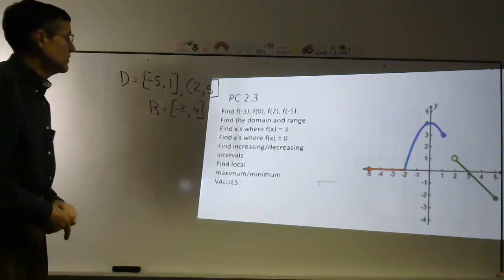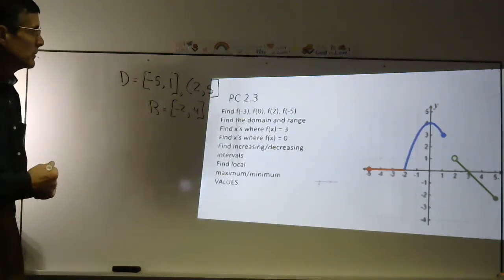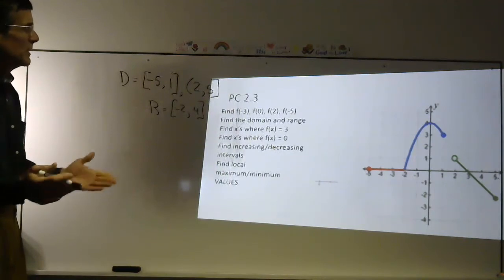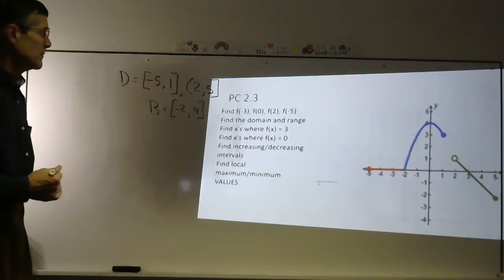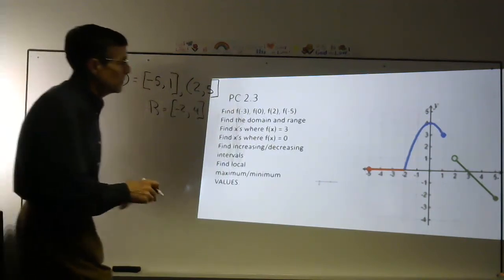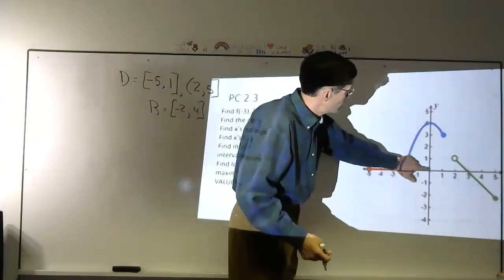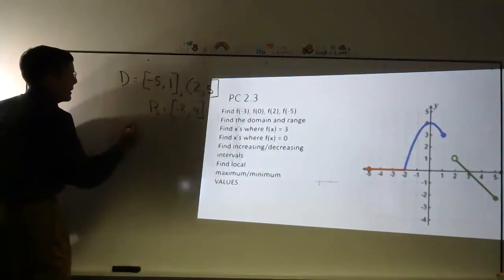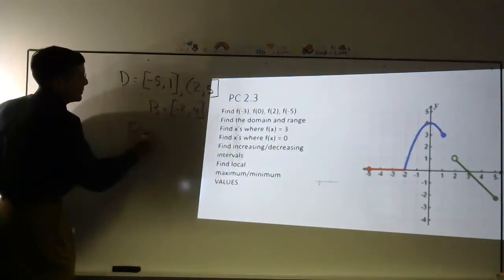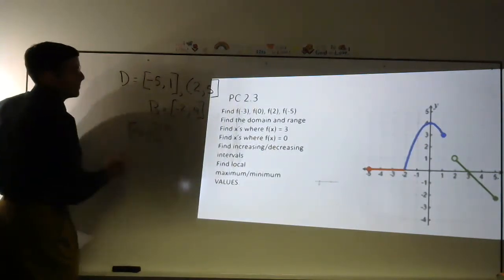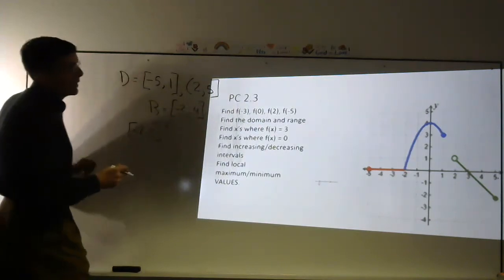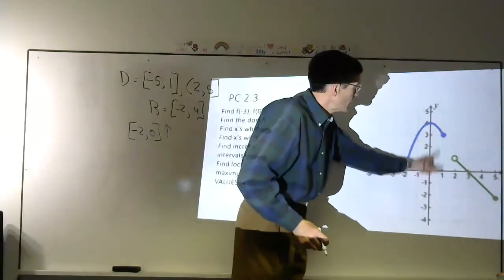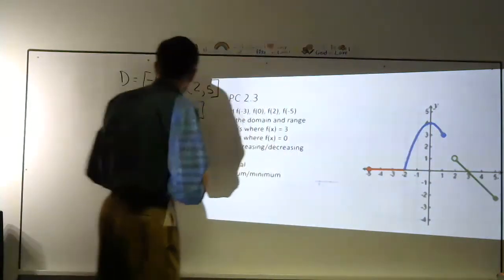How about increasing, decreasing intervals? Okay? From -5 to -2, it's not doing anything. From -2, right here, starting at -2 to 0, you see it's going up? So, from -2 to 0, it's going up. From 0 to 1, you see how it's going down?